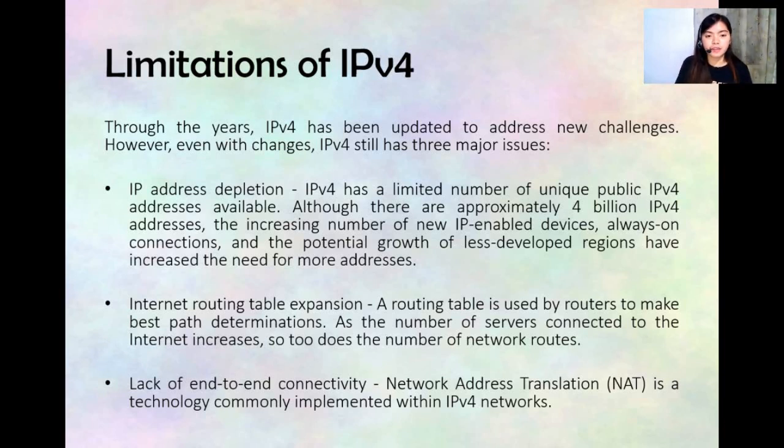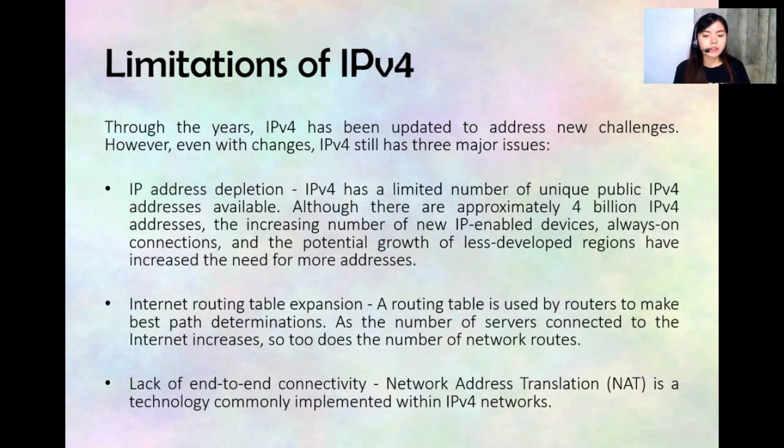Limitations of IPv4. Through the years, IPv4 has been updated to address new challenges. However, even with changes, IPv4 still has three major issues. First, IPv4 address depletion. IPv4 has a limited number of unique public IPv4 addresses available. Although there are approximately 4 billion IPv4 addresses, the increasing number of new IP-enabled devices, always-on connections, and the potential growth of less developed regions have increased the need for more addresses.